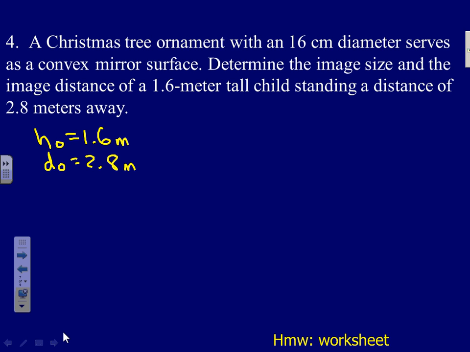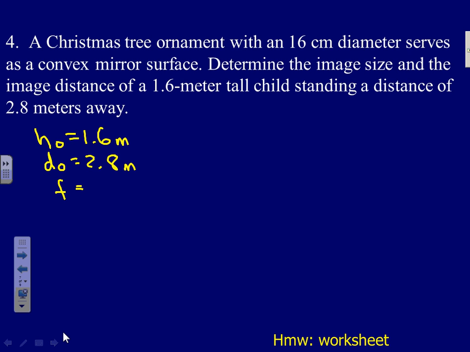Well, that last bit of information about the ornament itself is where we're going to get our last thing. What do you think that data is ultimately going to get us? That physical shape of the ornament. Which of our variables am I going to write here? It's going to be F. Let's think about this.